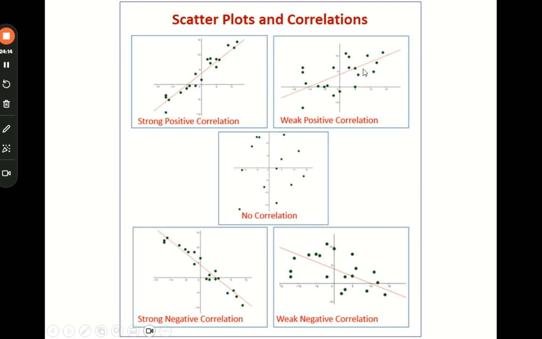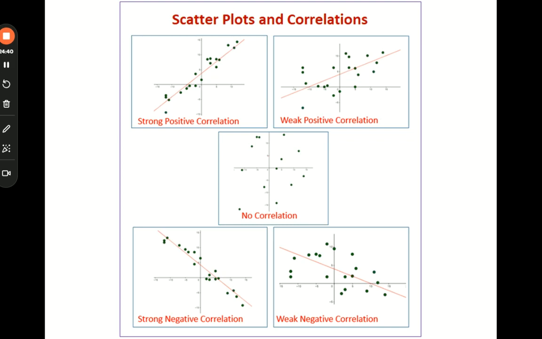How about this? Grades and intelligence. That would be a weak positive correlation. Certainly, more intelligent people would have better grades most of the time. But you know as well as I do, there are plenty of super intelligent people who make awful grades.